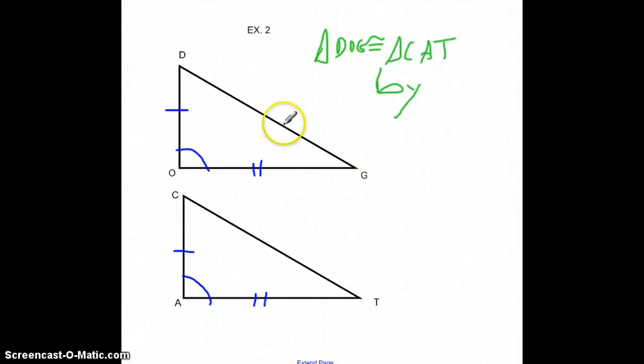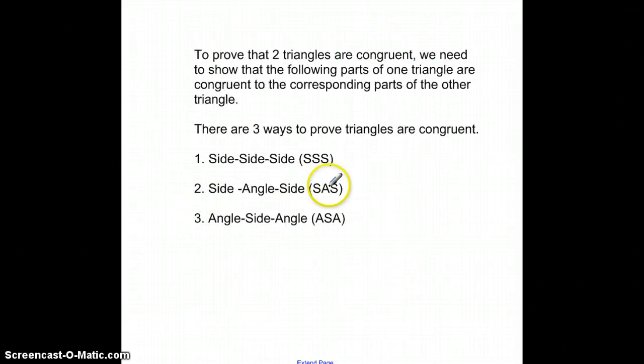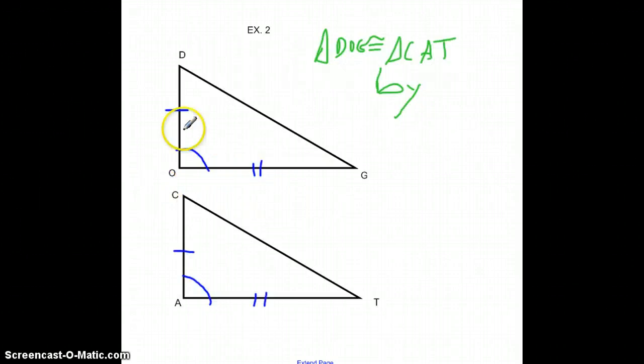Well, no, we don't know about this side. It sure looks like it, but we don't know for certain, so we can't go by side, side, side. Side, angle, side. So we've got a side, and if we walk ourselves around the triangle, we get a side that is the same. Then we have an angle that is the same, and then we have another side that's the same. Right in order: side, angle, side. That's perfect. So this is by side, angle, side.